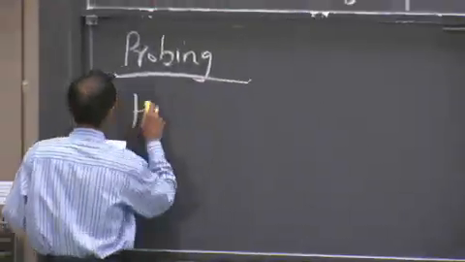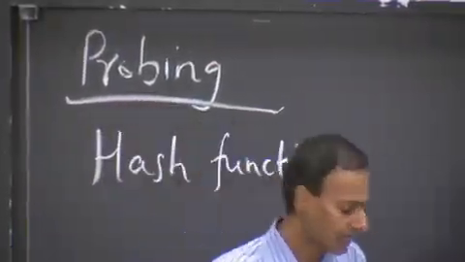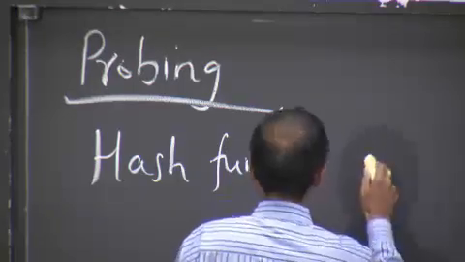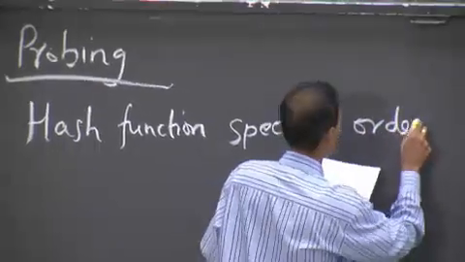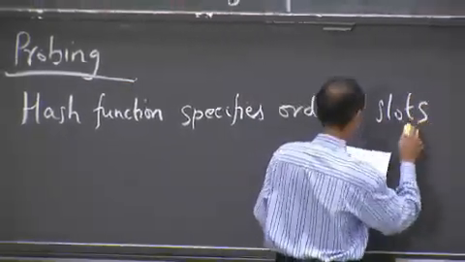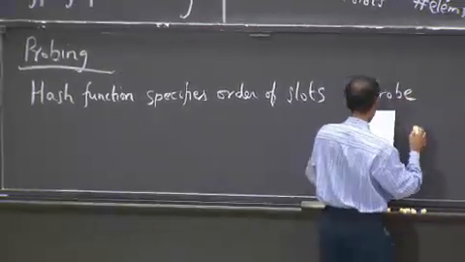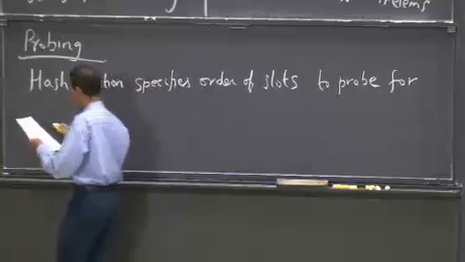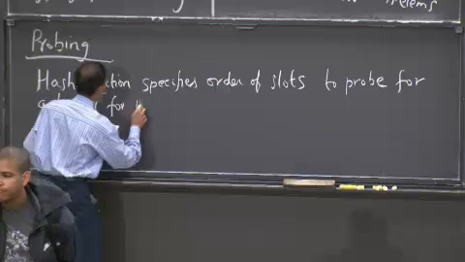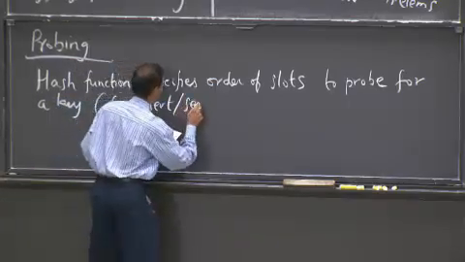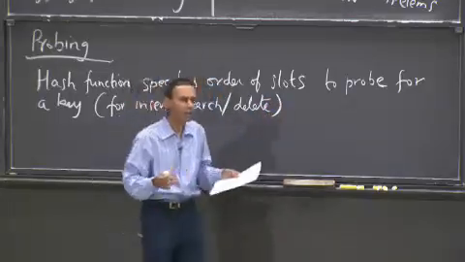And so what we need now is a hash function that's different from the standard hash functions that we talked about so far, which specifies the order of slots to probe, which is basically to try for a key, and this is going to be true for insert, search, and delete, which are three basic operations, and they're all a little bit different.